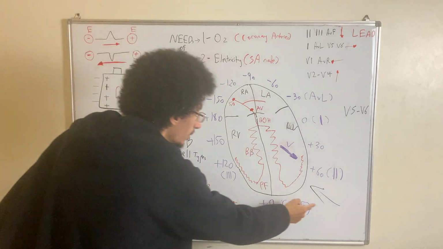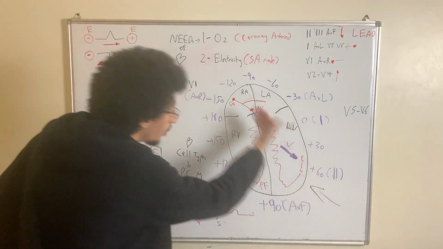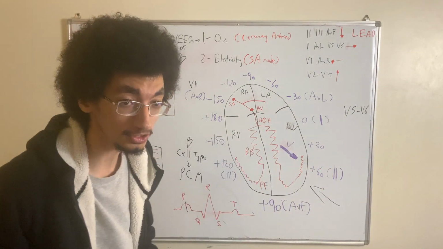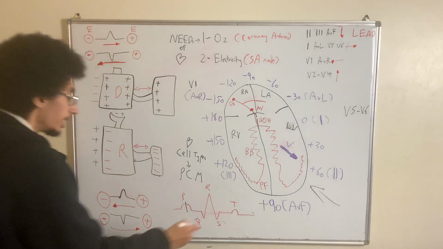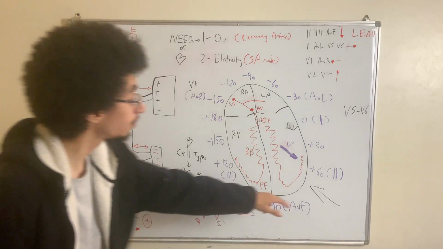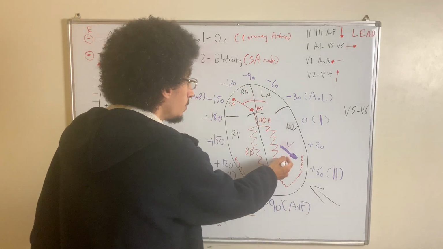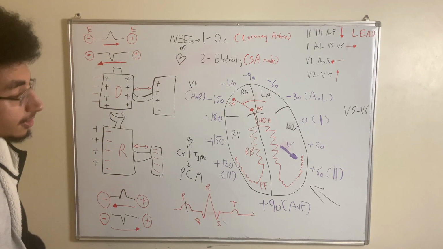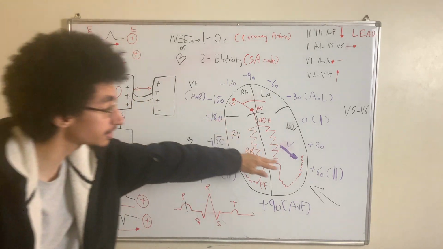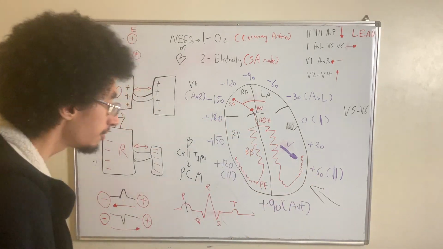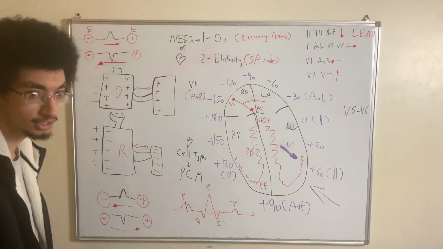If there's a wave of repolarization going away from the lead 2 positive electrode, this will also produce a positive deflection. And if we have a wave of depolarization running away from lead 2's positive electrode at this angle, it will produce a negative deflection.